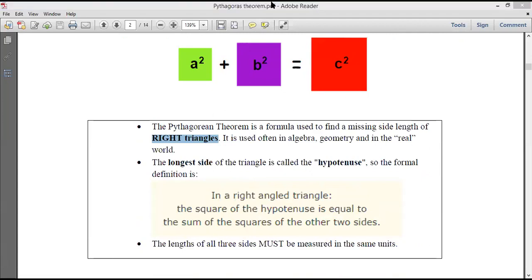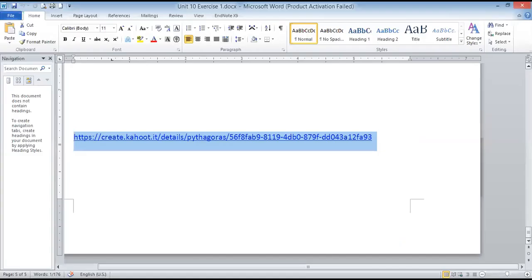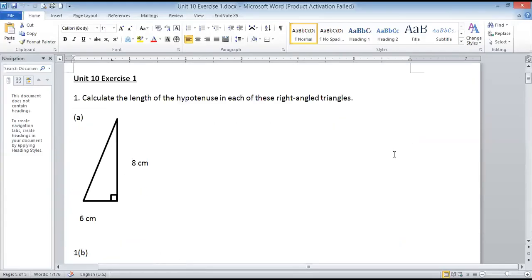Let's say this one. This is a right angle triangle. You have a square here, which means this part is 90 degrees. I want to ask you a question. Where is the hypotenuse? The hypotenuse is always the longer side.